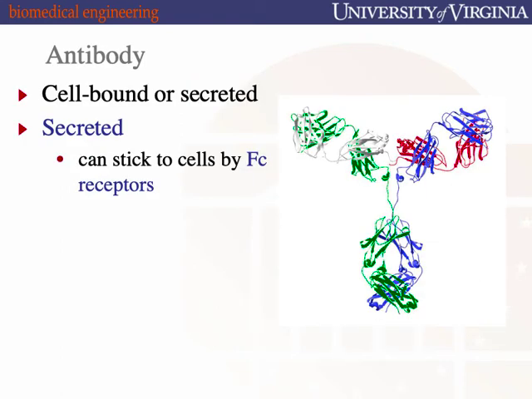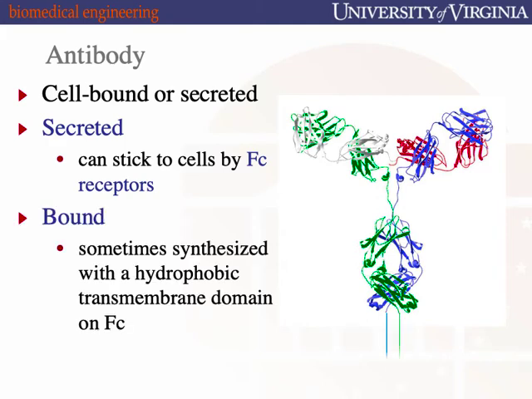All right. So an antibody thus can be both cell-bound and also secreted, depending on the class of antibody. IgG being secreted, IgM being cell surface, IgD is also cell surface. In the secreted form, if you remember, it can stick to cells using Fc receptors on those cells. Macrophages, neutrophils, mast cells, they have Fc receptors that can bind those secreted antibodies.